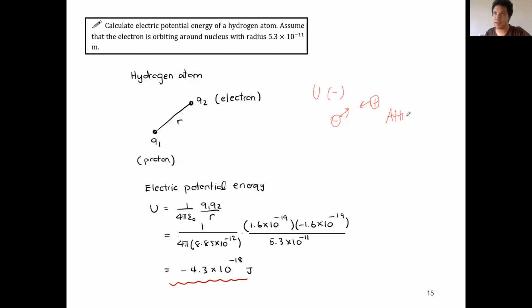This is the system with negative potential energy. But for a system with positive potential energy, the charges get repulsed. If we have all positive charges in the system, it will make the potential energy of the system positive, and everything just goes straight away.